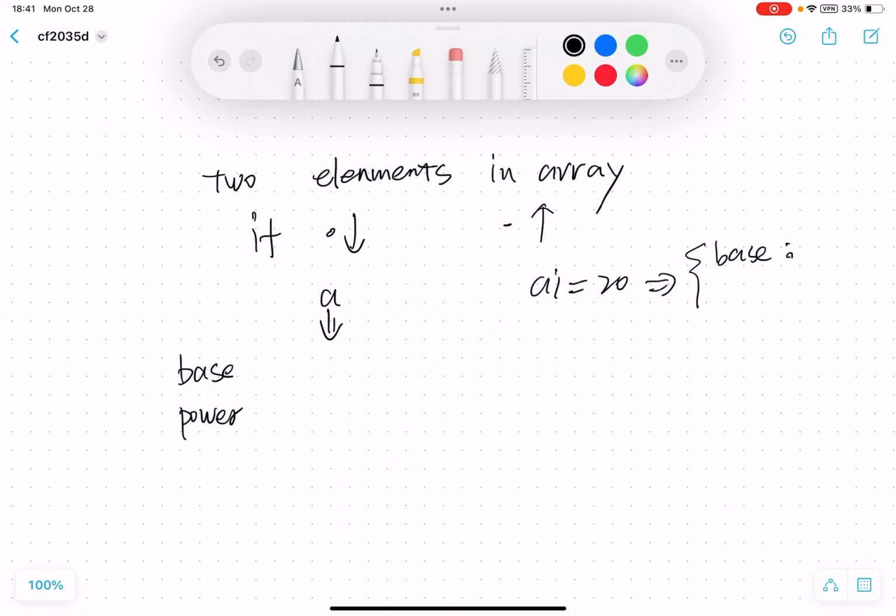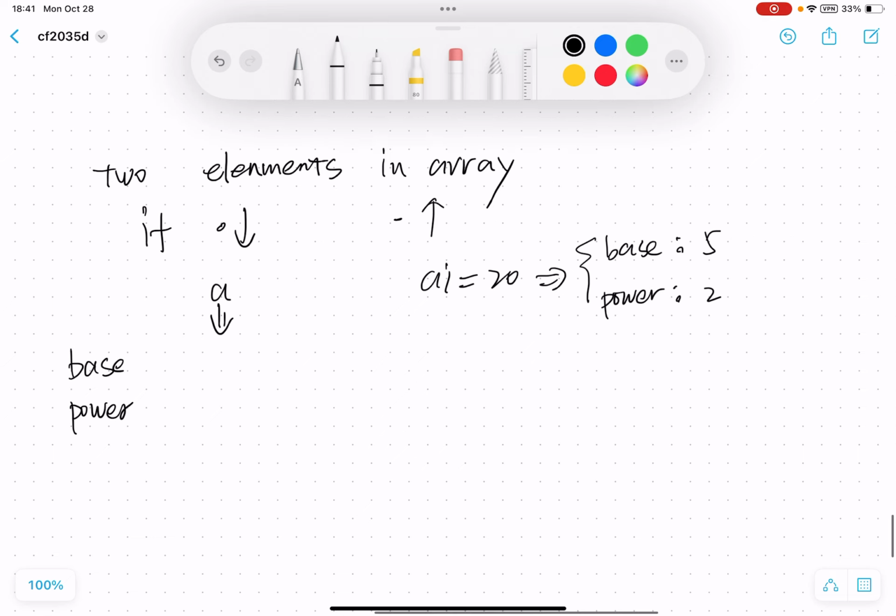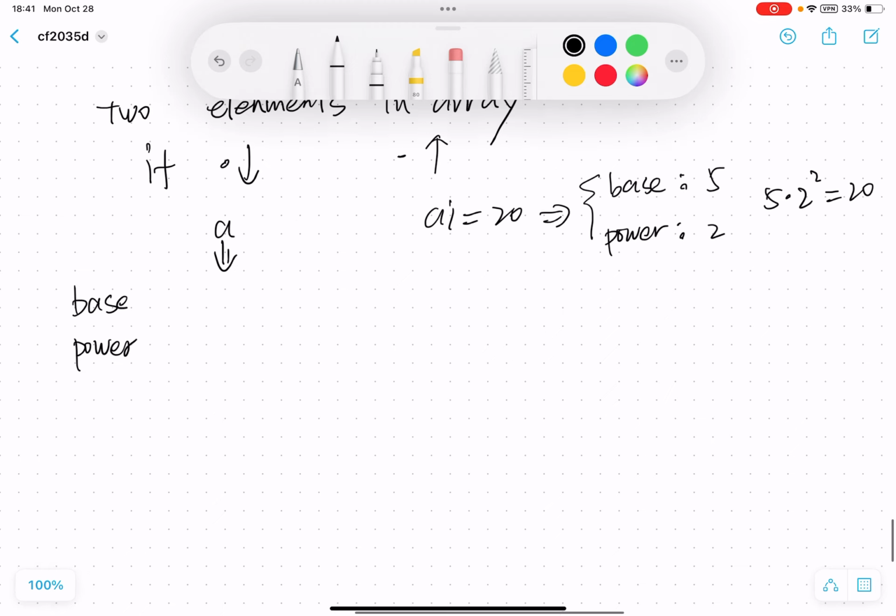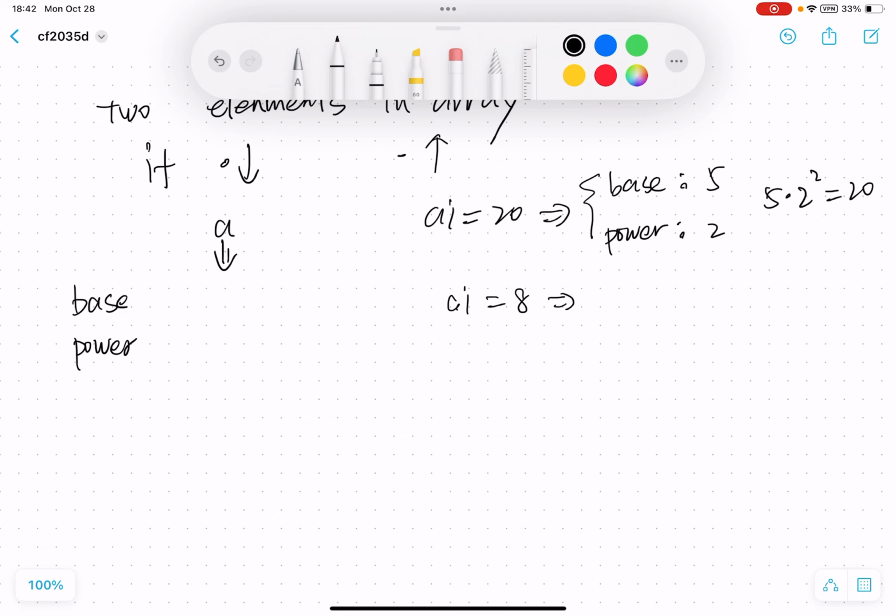The base becomes 5 and the power is 2, because 5 multiplied by 2 to the power of 2 equals 20. In addition, if A_i equals 8, the base is 1 and the power is 3, because 1 multiplied by 2 to the power of 3 equals 8.